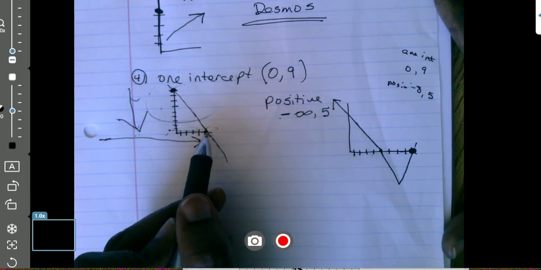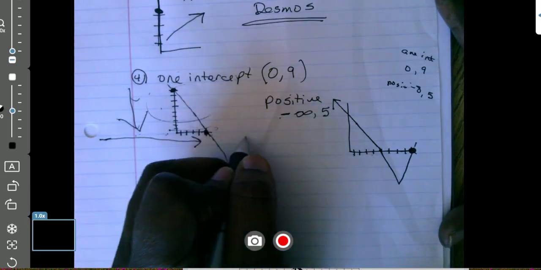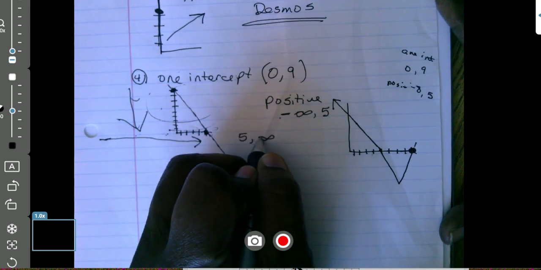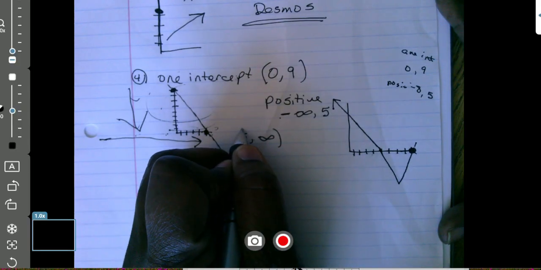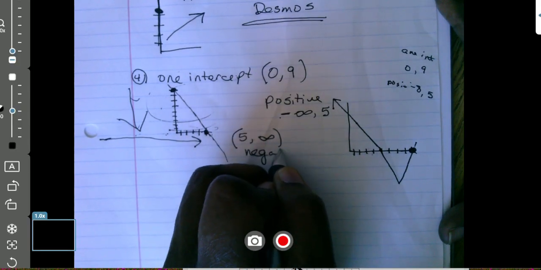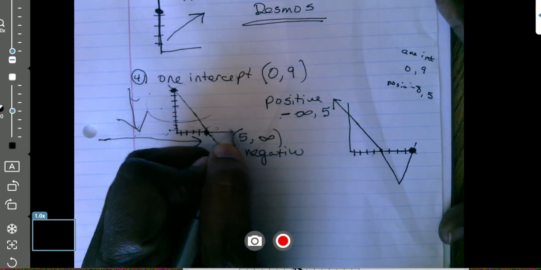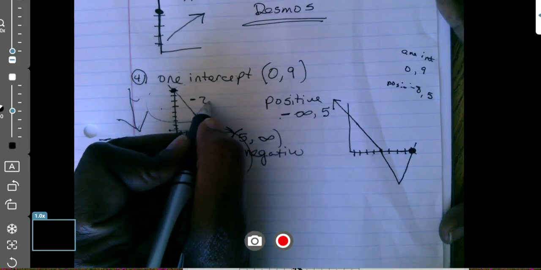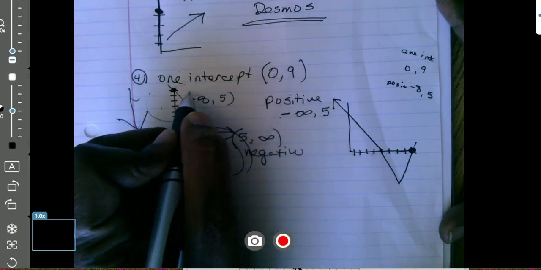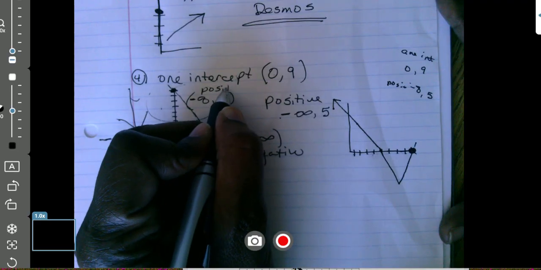Let me say something about this graph. From 5 to positive infinity, the graph is negative, because from here on down, it's in the negative side. From negative infinity to 5, the graph is positive.